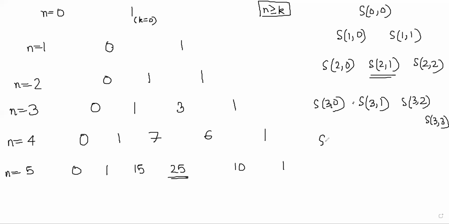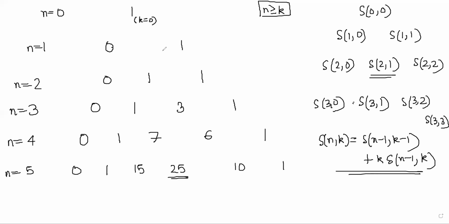I'm going to write down the recurrence here. S of n comma k is equal to S of n minus 1 comma k minus 1 plus k times S of n minus 1 comma k. This was my recurrence. So let's see what pattern we can discover here. Look at this. This is the n is equal to 3 row, and what we get is this particular value.